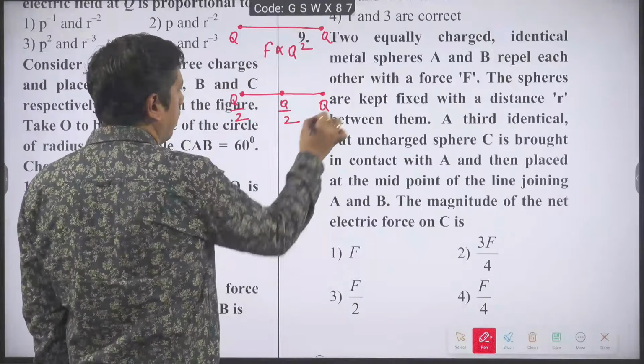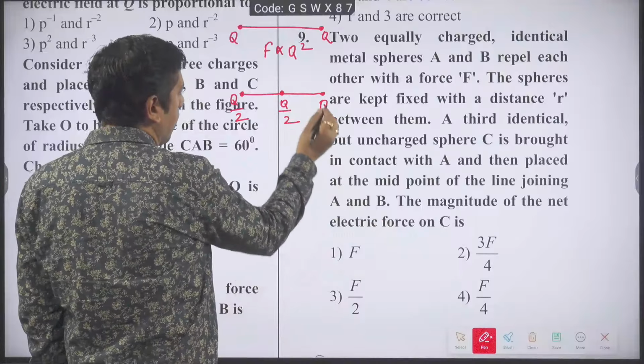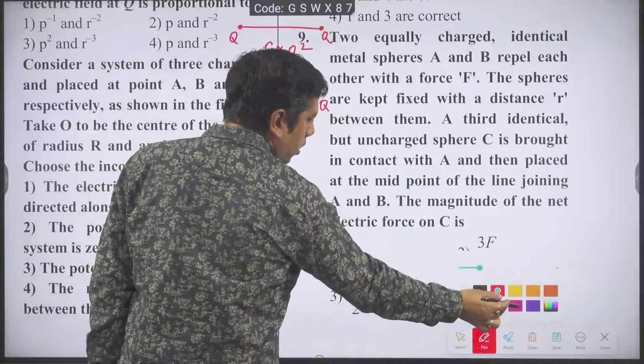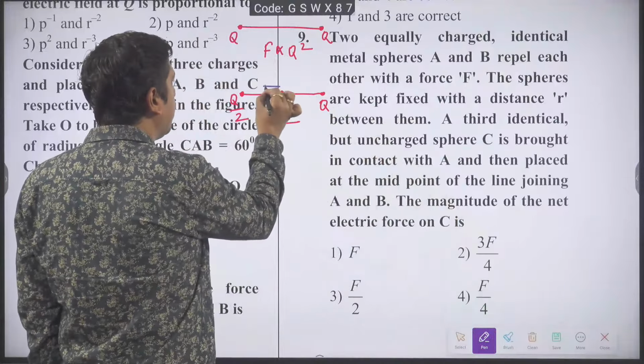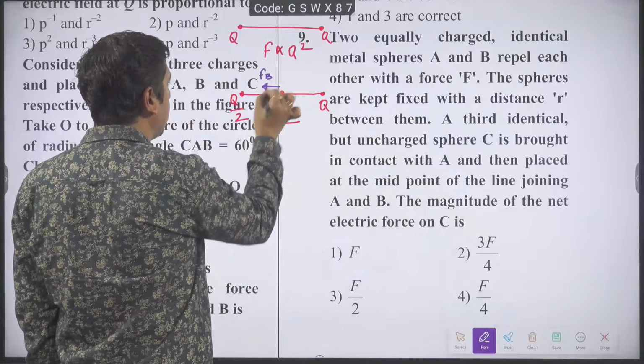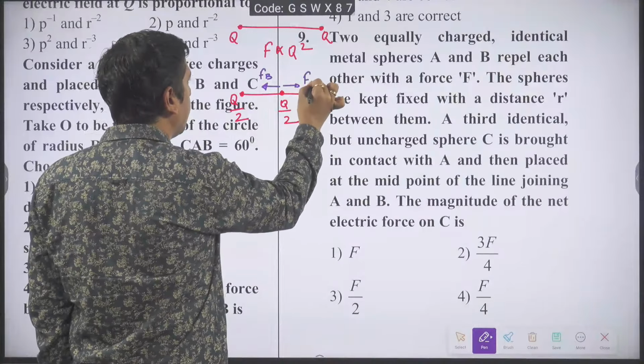So net force on C will be: B will repel it and A will also repel it.